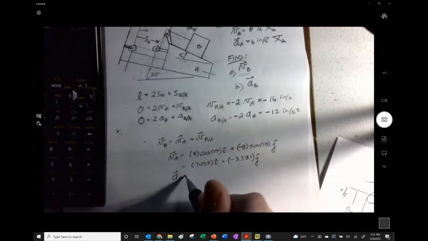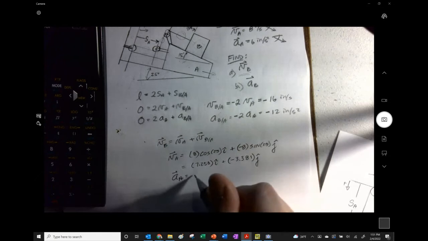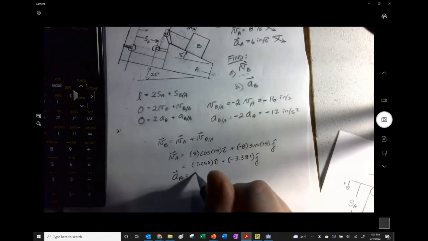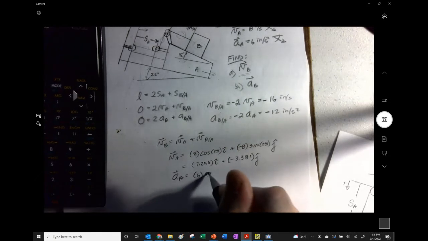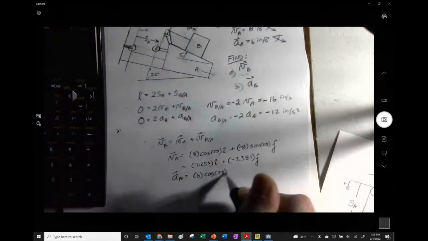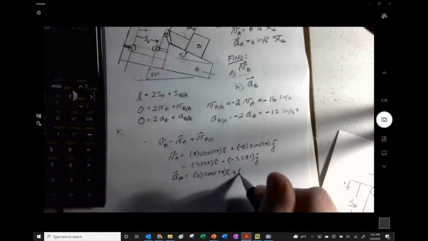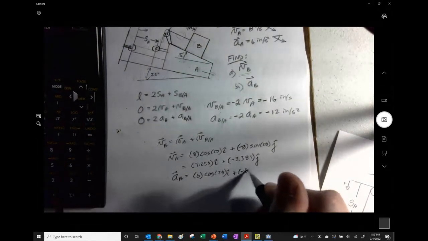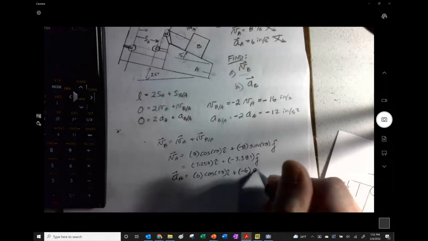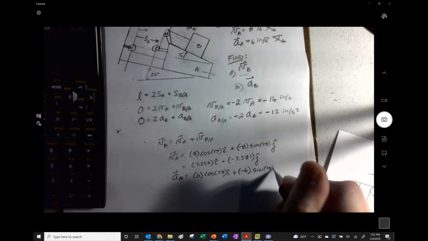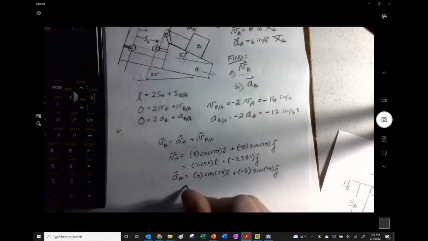Maybe I want to take this and write that this is going to be 6 cosine of 25i plus negative 6 times the sine of 25j.